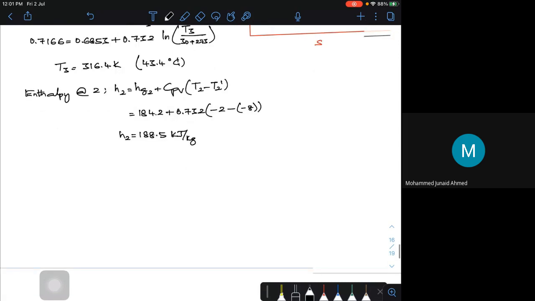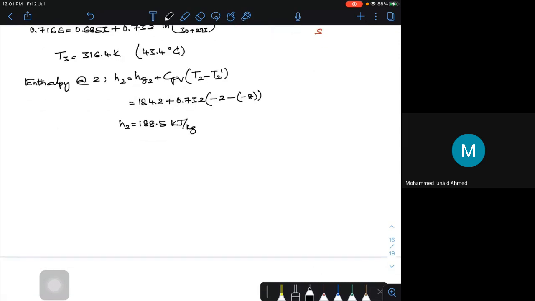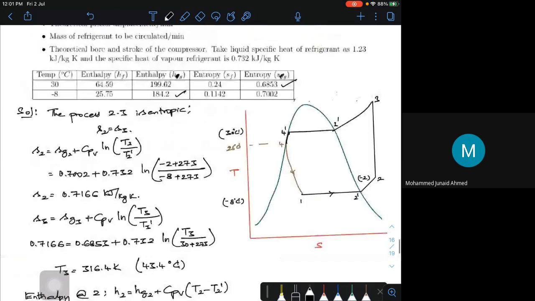Now enthalpy at point 3. H3 is equal to Hg3 plus Cp into T3 minus T3 dash. So what is this particular Hg3?